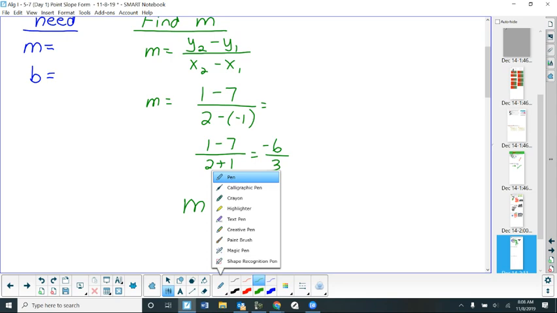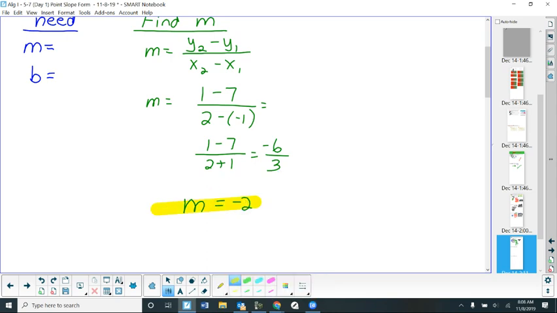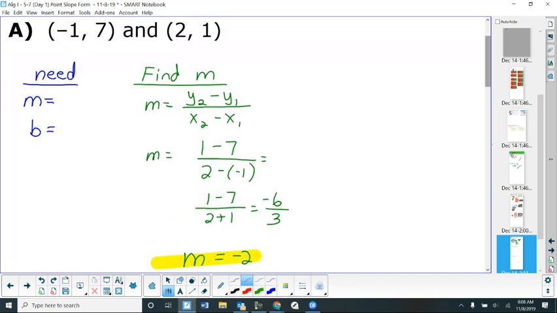So I got one of the things I need. Now what do you have to find? We found m, now we have to find b. Well, guys, we know the slope is -2. Pick one of the points to work with.